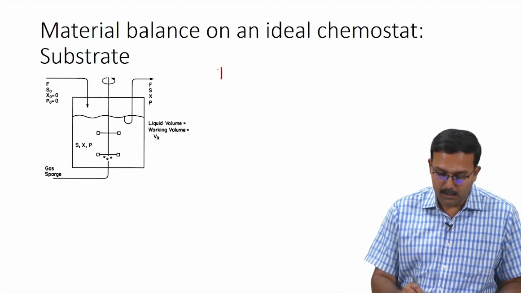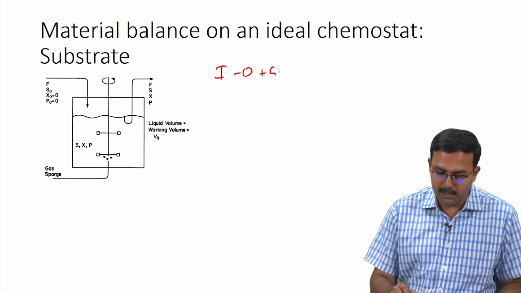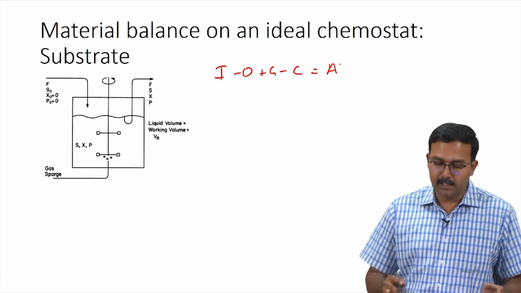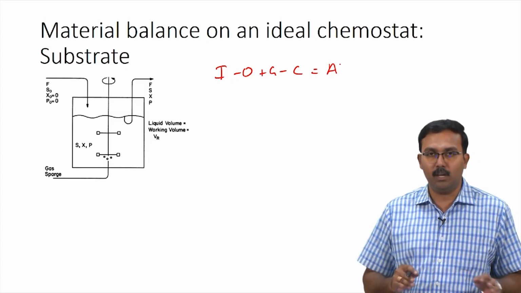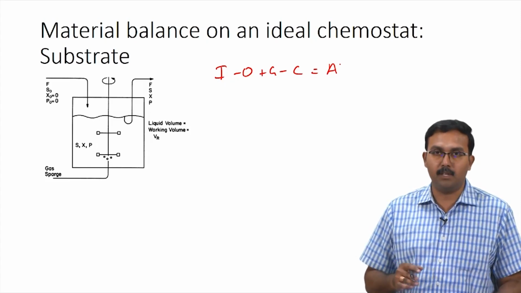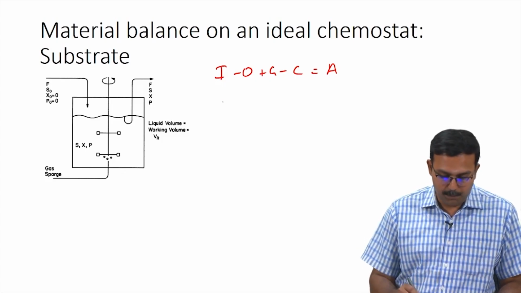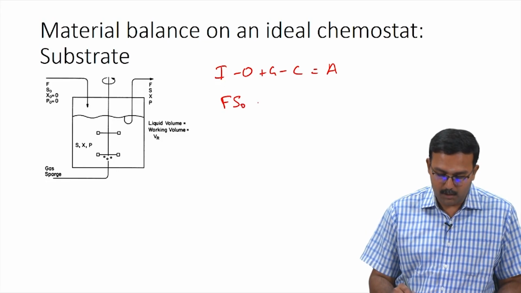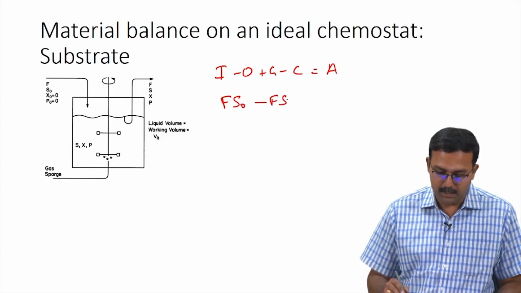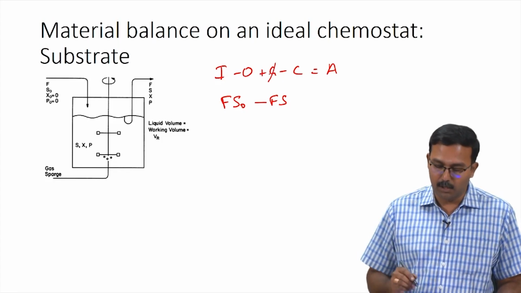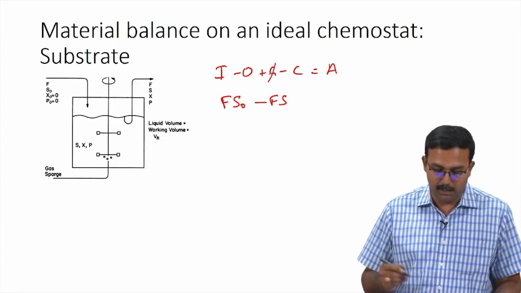Again we start with input minus output plus generation minus consumption equals accumulation. We will initially assume that it is not at steady state, and then we will cancel off terms based on making the appropriate assumptions. The input would be FS naught, output would be minus FS, and here we will not have a generation term because substrate is not going to get generated in the system, it is only being consumed.